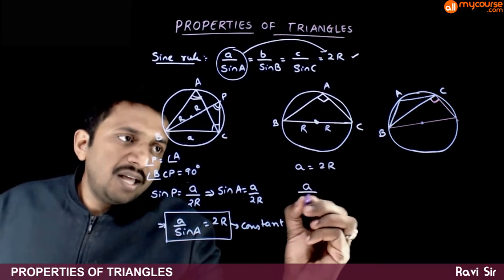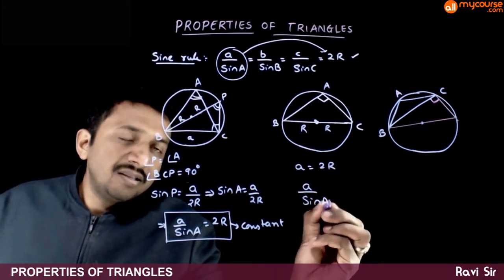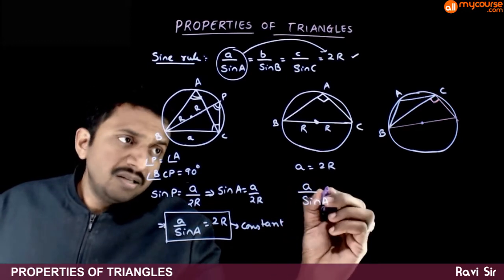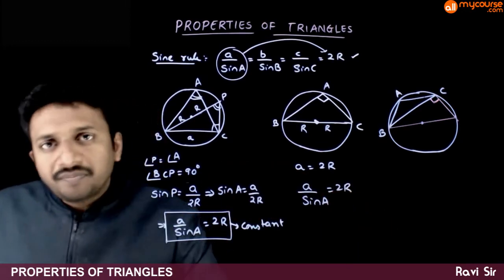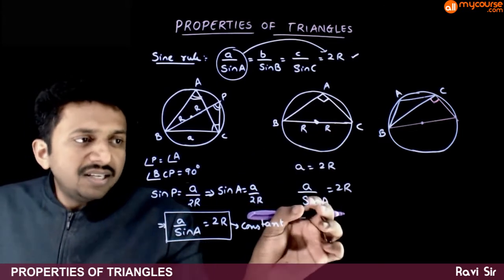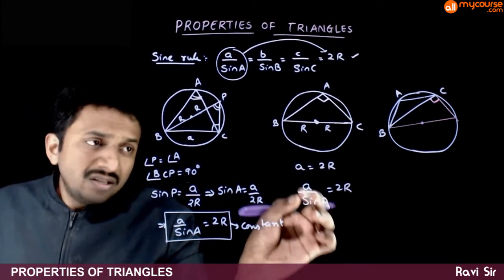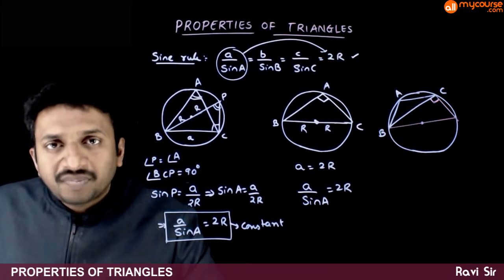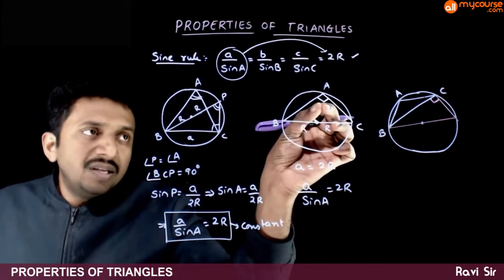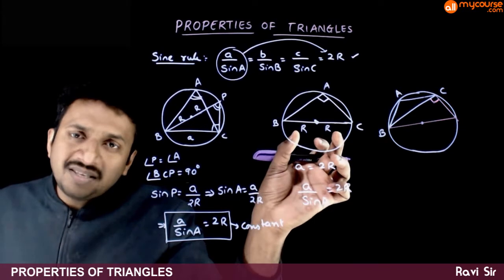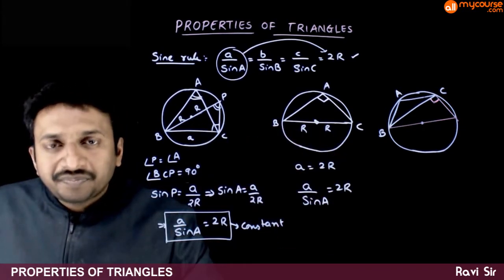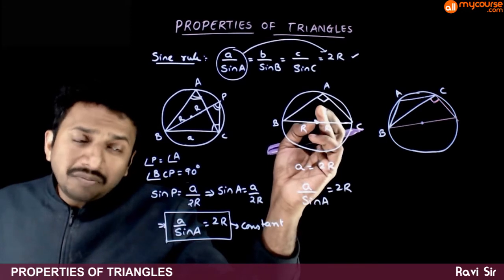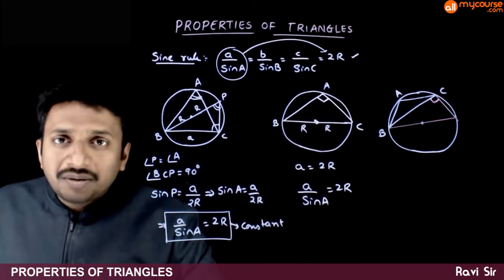So sine A is 1, because if this is 90 degrees, sine A is equal to 1. So a by 1 will always be equal to 2R, because the side opposite to capital A is BC, which is equal to 2R. So that means if A is a right angle, also a by sine A will be equal to 2R.